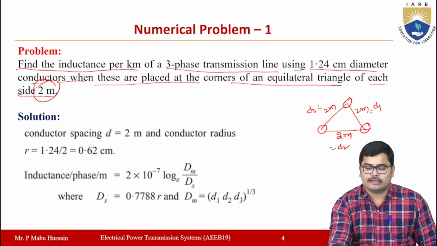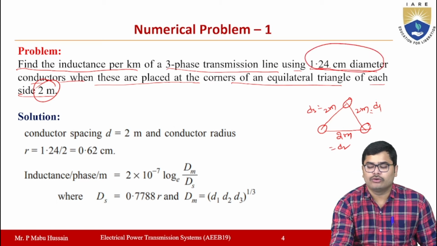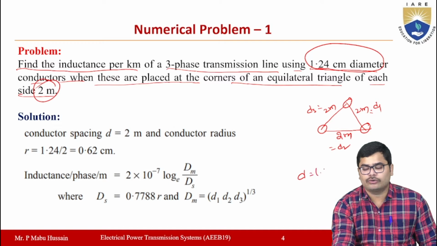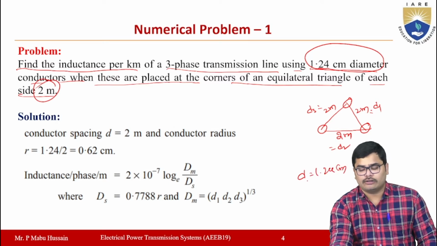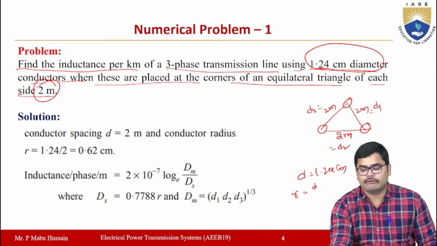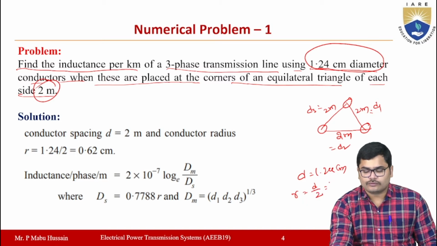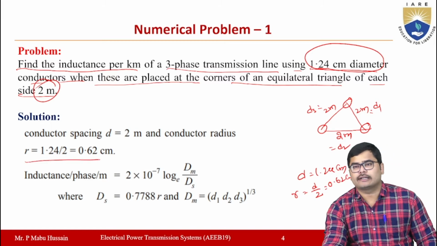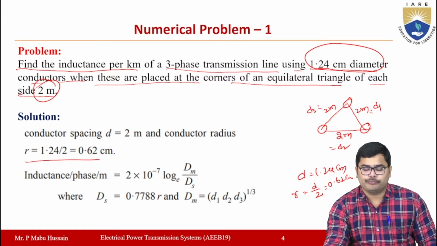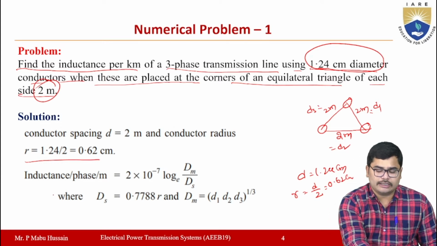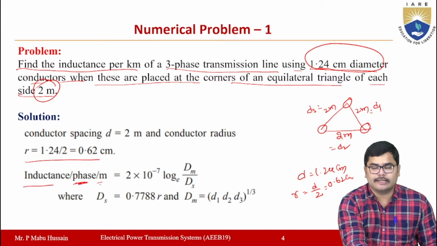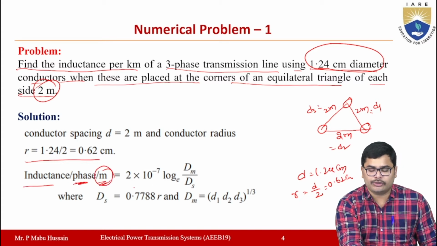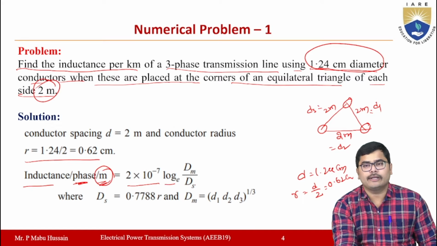Okay. And it is also given that the diameter of each conductor is 1.24 centimeters. Then from this the radius you can find by dividing by 2, which is 0.62 centimeters. Here you are getting the conductor radius, which is 0.62 centimeter. Now, in the calculation of the inductance equation, the inductance per phase per meter length will be 2 × 10^-7 ln(Dm/Ds).